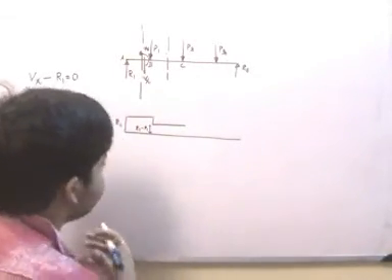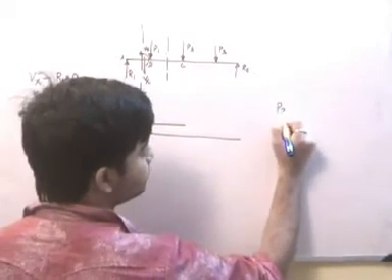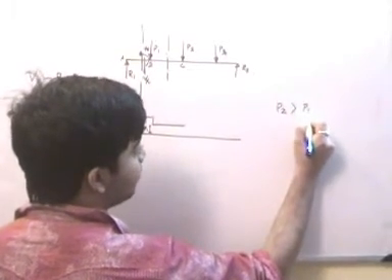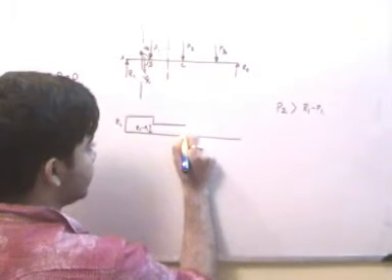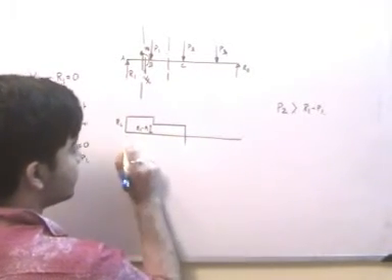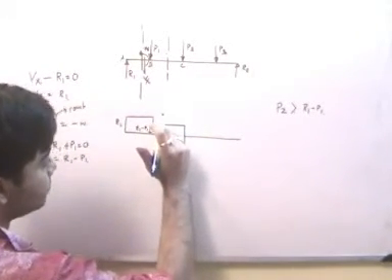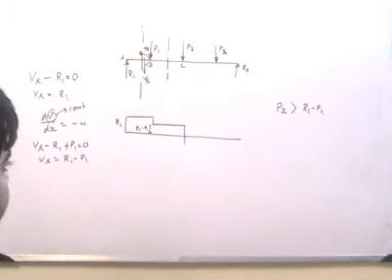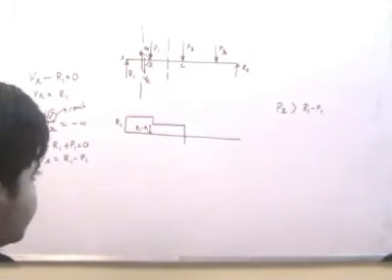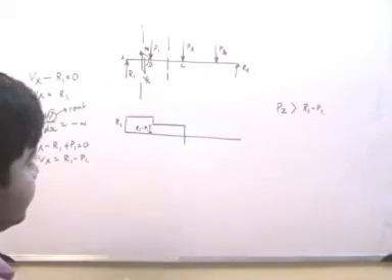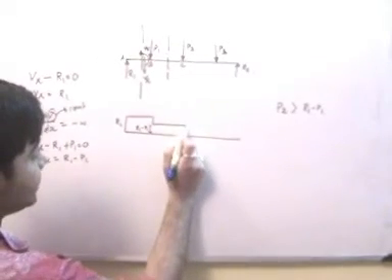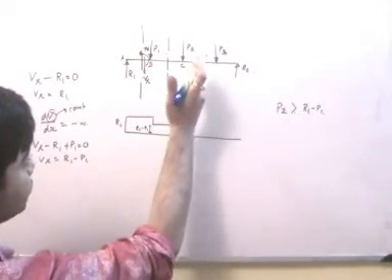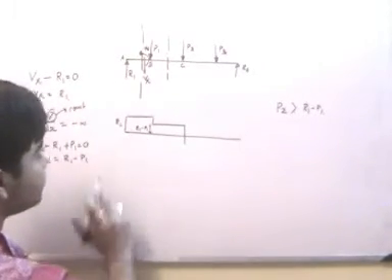Now if I assume that P2 is greater in magnitude than R1 minus P1, then the shear force will decrease and come on the downward side of the axis. The positive shear force is represented on the upward side of the axis, the negative shear force on the downward side. Just to the left of point C, the shear force is equal to R1 minus P1.